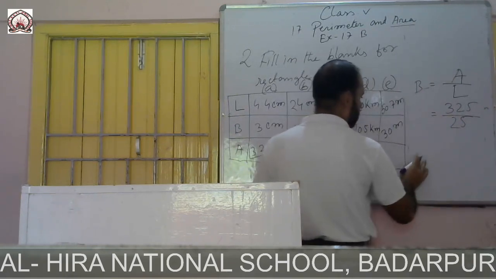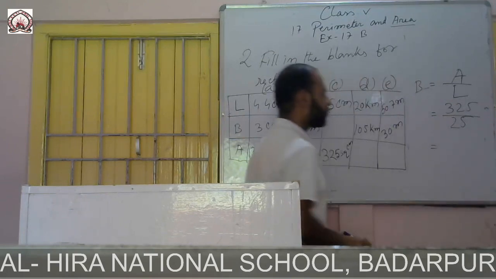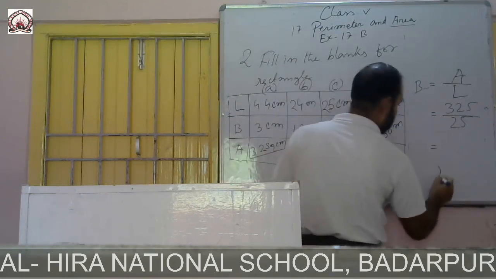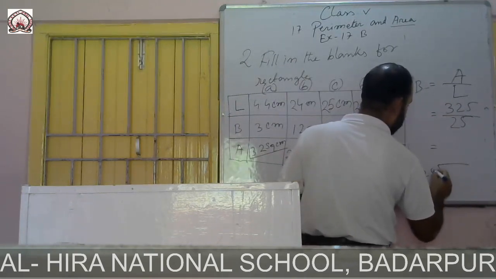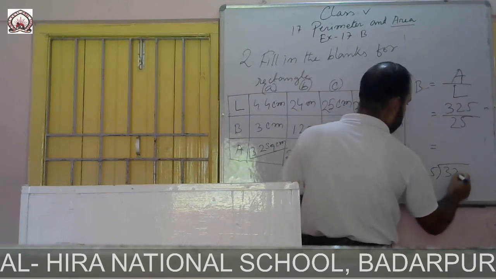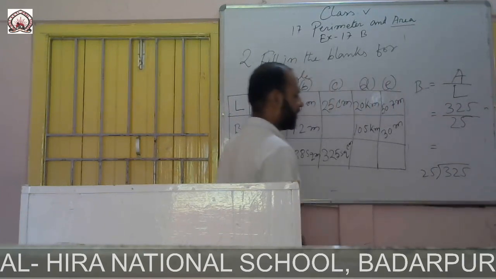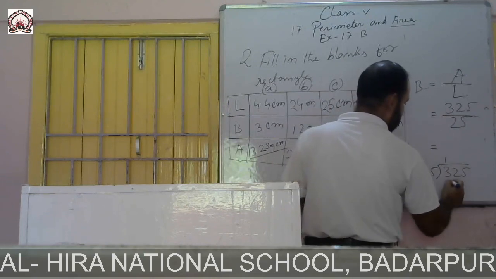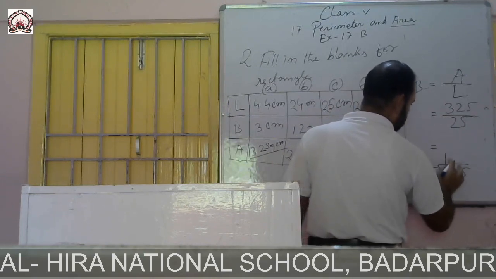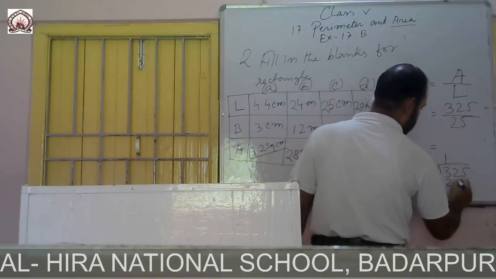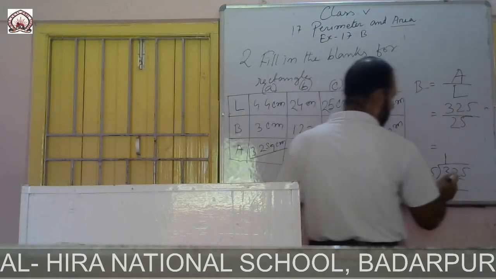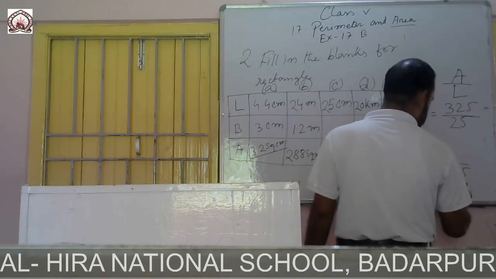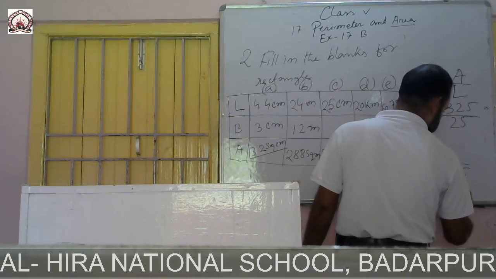We divide 325 by 25. 25 ones are 25, remainder 7.